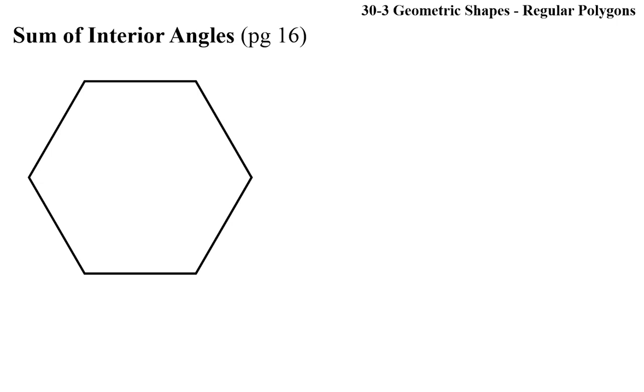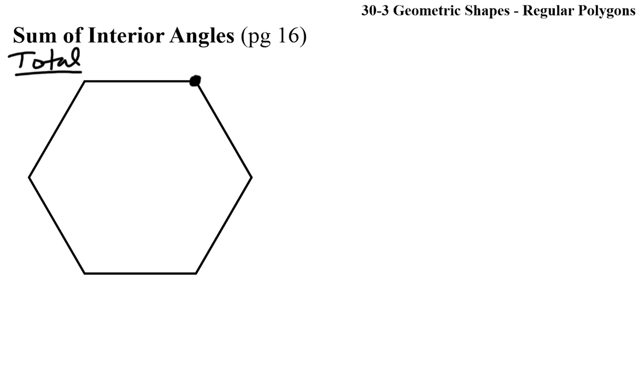So if we take a look on page 16, this is a cool way to figure out the sum, meaning the total of all the interior angles in any regular polygon. What we can do with any regular polygon is pick one vertex. It doesn't matter which vertex you choose.